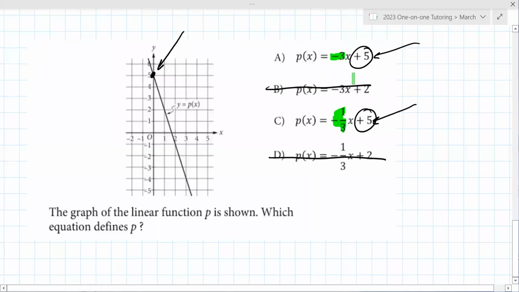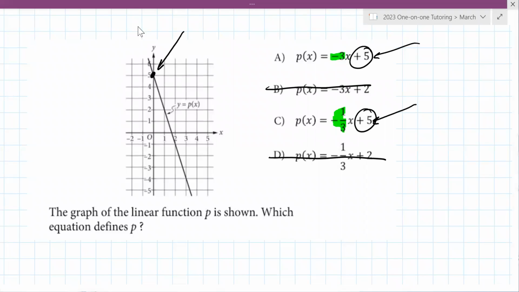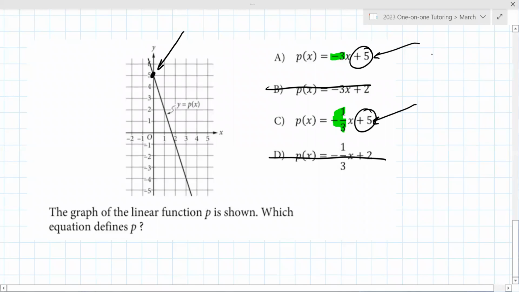It's the slope. The slope. What is the slope of letter A? -3. And what's the slope of letter C? -1 over 3.